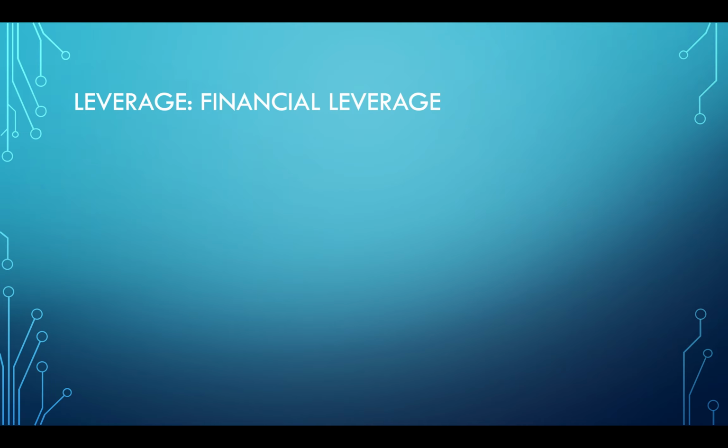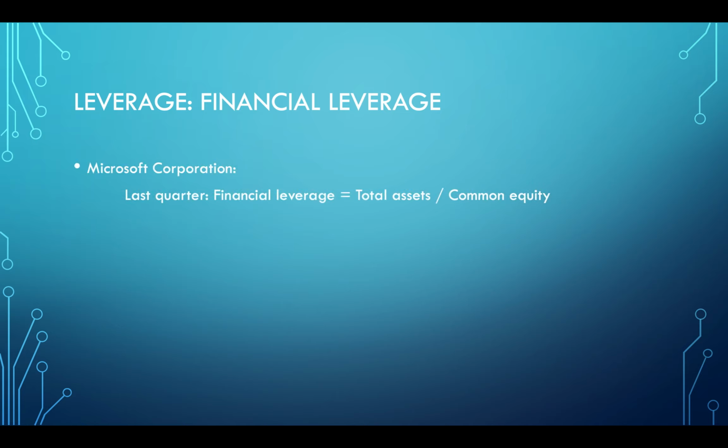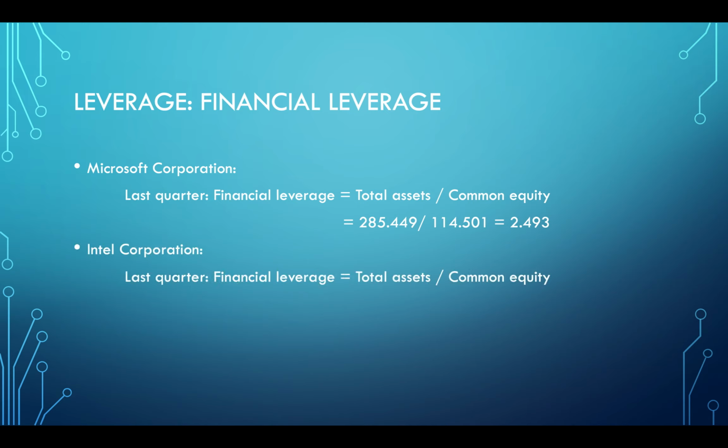The next one is leverage. I use the financial leverage for Microsoft Corporation. Its financial leverage in the last quarter is 2.493, and I use the formula total assets divided by common equity. And for Intel, we use the same formula.